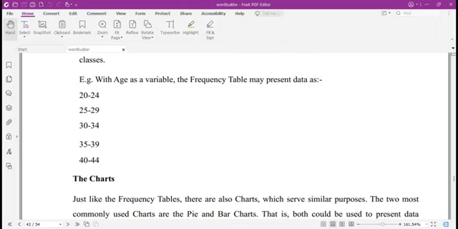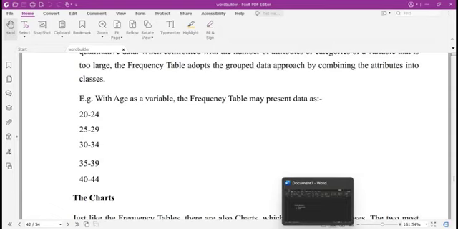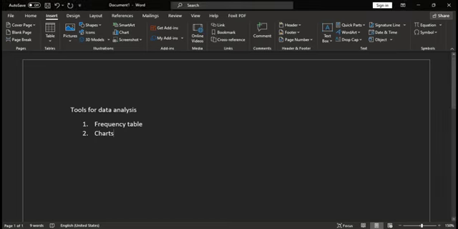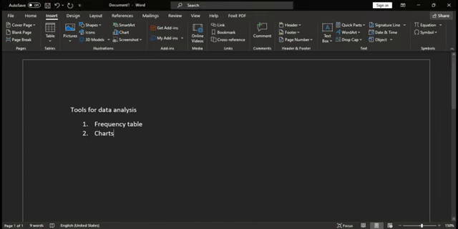Now we're going to break it down to show you how frequency table can really help you to present your data in a good form. Let's look at this. You're talking about age as a variable. That's an example. Let's look at the frequency table.